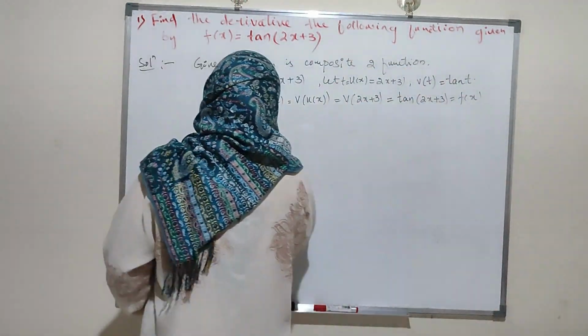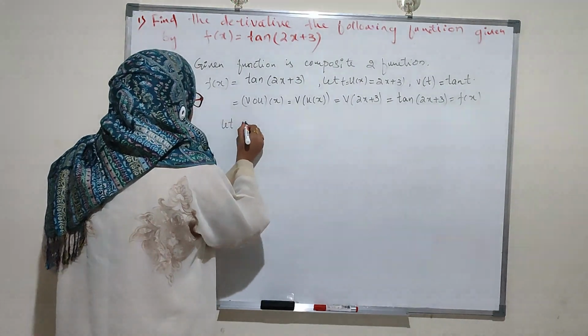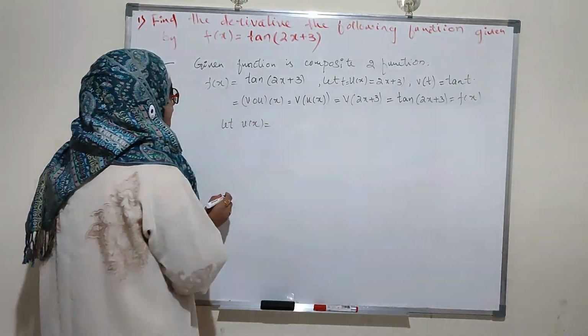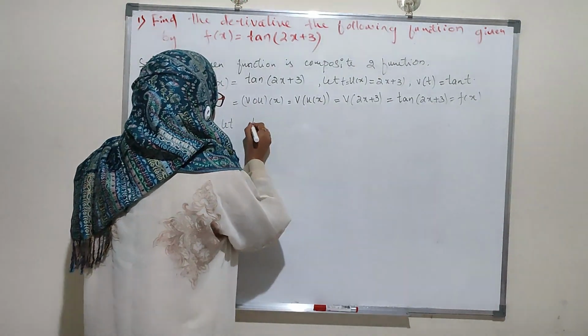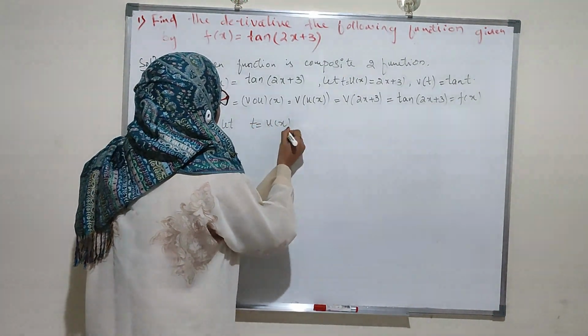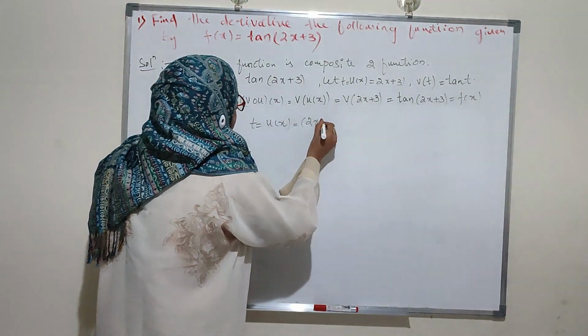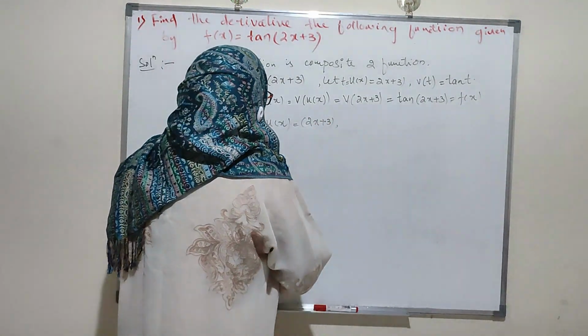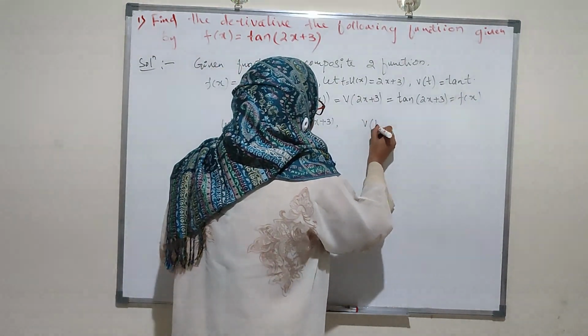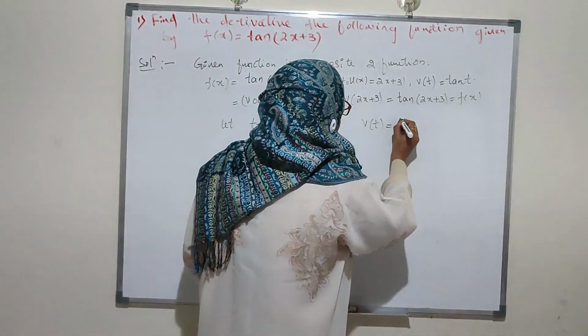Okay, now differentiate this. Let t equal to u of x equal to 2x plus 3, and v of t equal to tan of t.